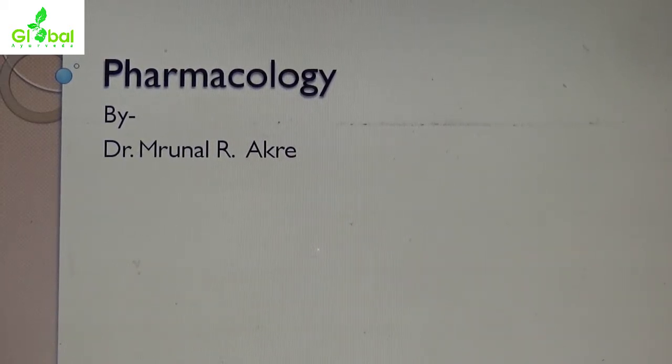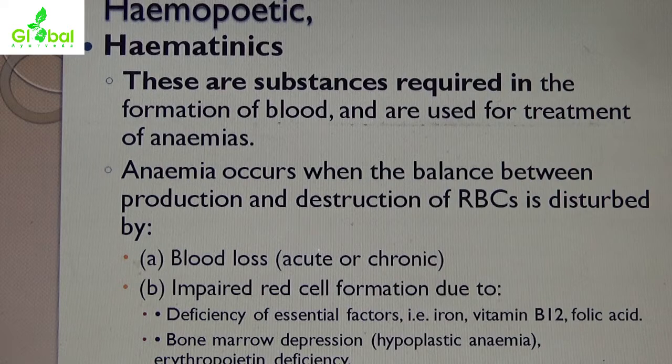In our pharmacological series, now we are going to see our next topic, that is haemopoietics. What are haemopoietics? Generally, haemopoietics are the substances which are required in the formation of blood and used in treatment of anemias.